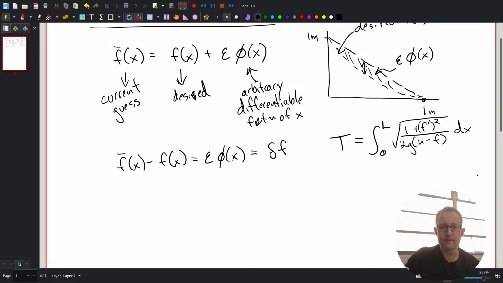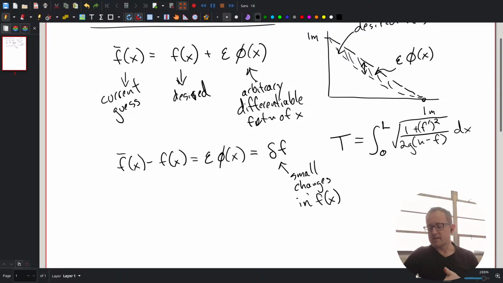So delta f is talking about small changes in f of x. If we start off with the idea that there is a function that defines the shortest timed path, but we don't exactly know what that function is, we'll say that there's some delta f that defines how far away we are from that ideal function.